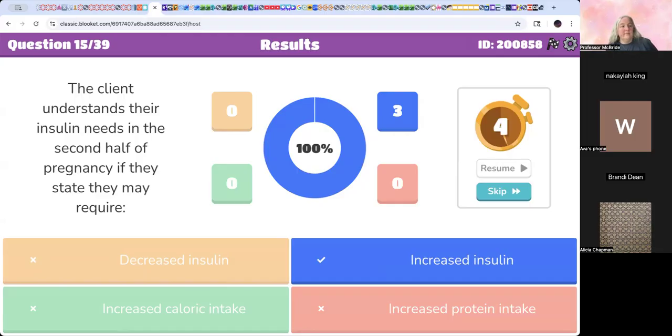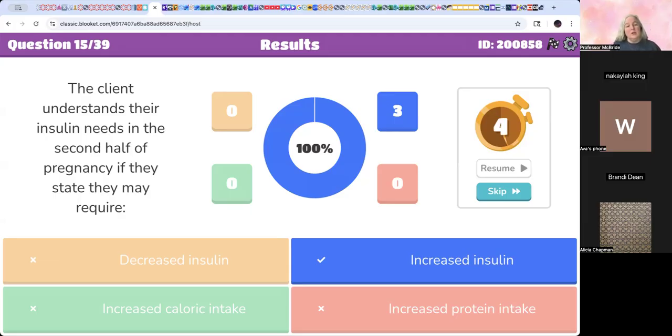The baby needs insulin too. The baby's making their own insulin, but that's not why mom's insulin needs are increasing. She should also be increasing her caloric intake, so she may need increased insulin to support the weight gain promoted with the birth.